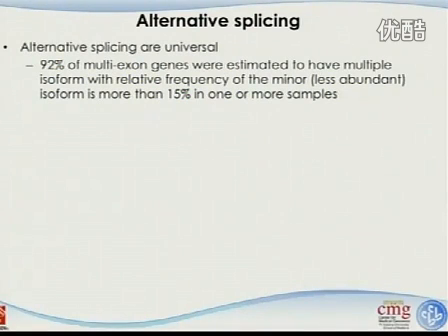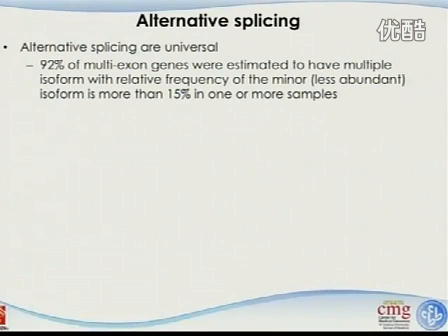Coming to the science part of it, this is the first time that we are able to really profile alternative splicing at the genome scale. They found that 92% of multiple exon genes were estimated to have multiple isoforms, with the relative frequency of the minor isoform being more than 15% in one or more samples.